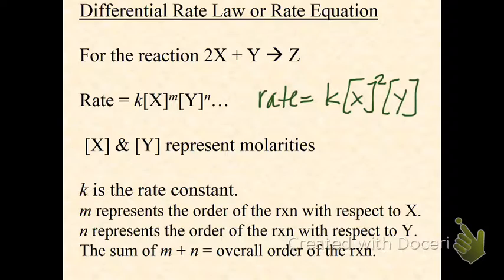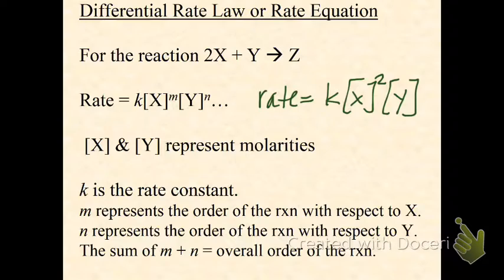But most of the time they're going to be experimental, okay? So in this case, we would say the order of x is second order with respect to x. For y it would be first order with respect to y, and then the overall reaction order would be the two superscripts added up.